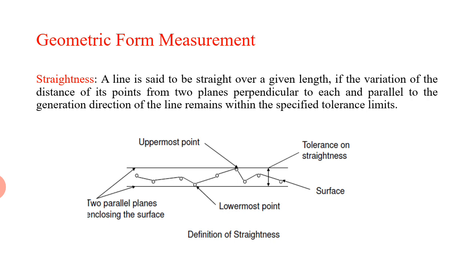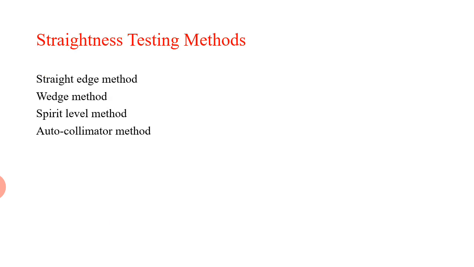The reference planes are so chosen that their intersection is parallel to the straight line joining two points suitably located on the line to be tested, the two points being close to the ends of the length to be measured. Now we will discuss various straightness testing methods.